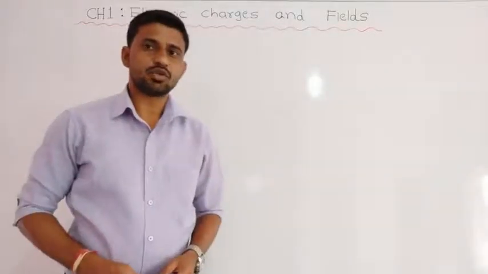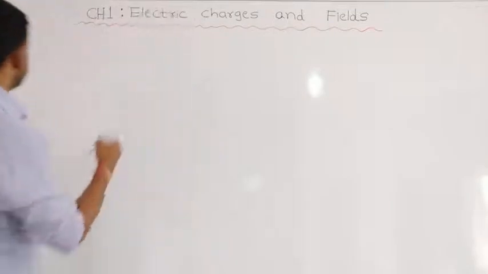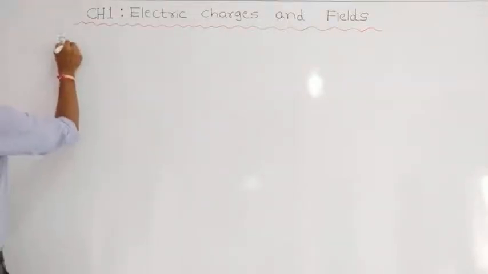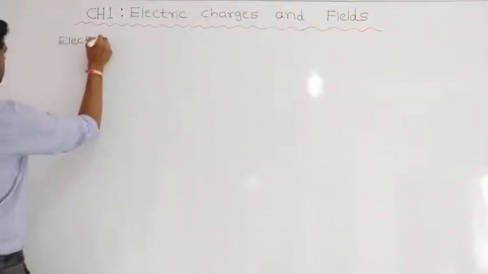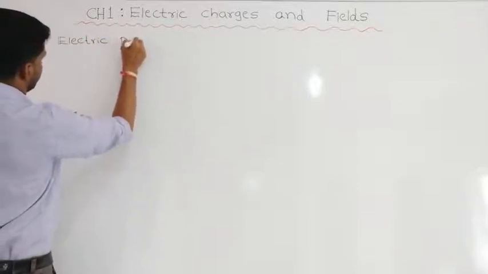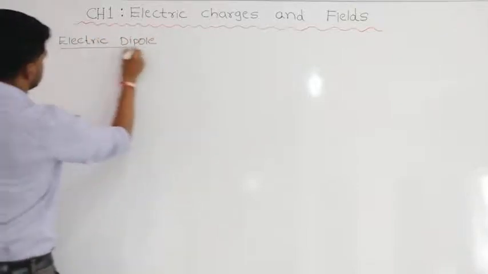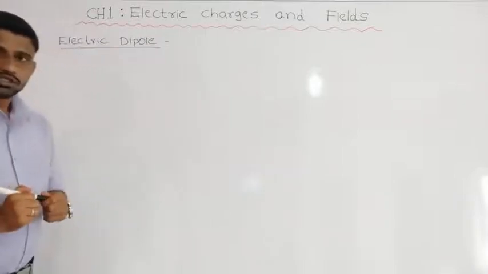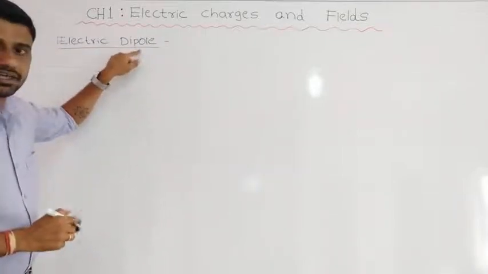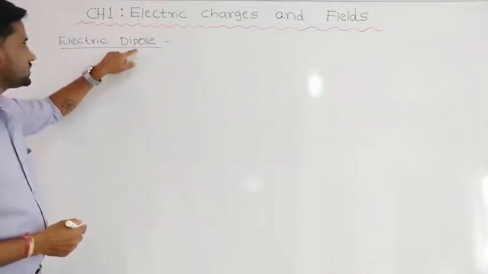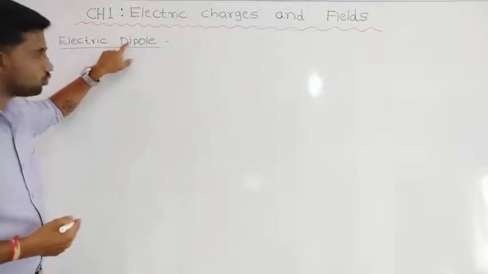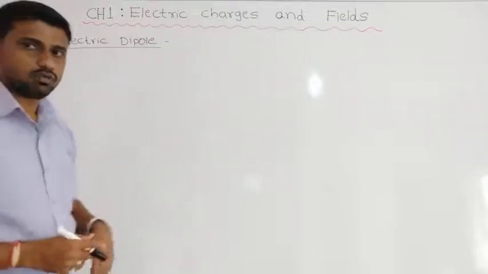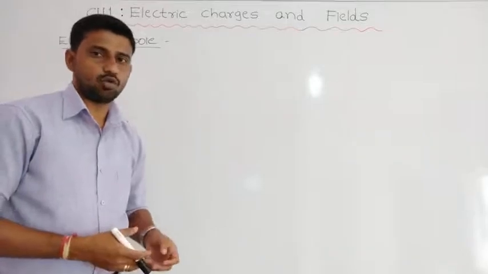Now let us discuss the electric dipole. See here, the name tells dipole. The dipole means, di means two poles. Then what is the meaning of electric dipole?